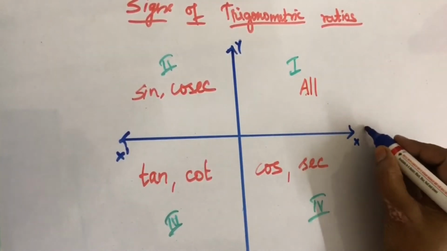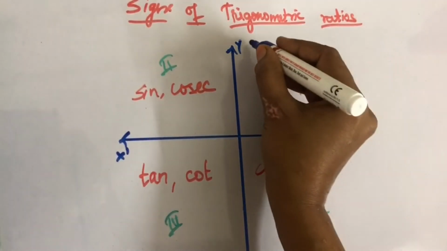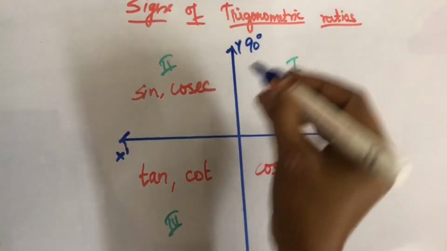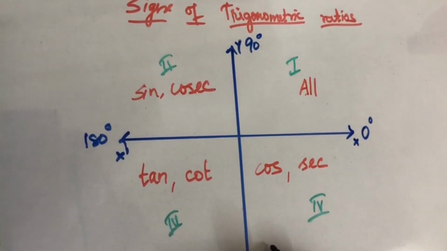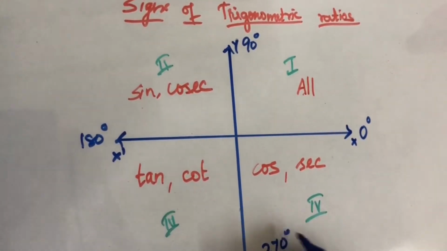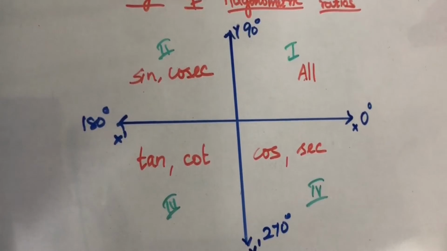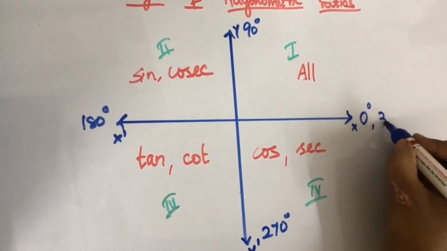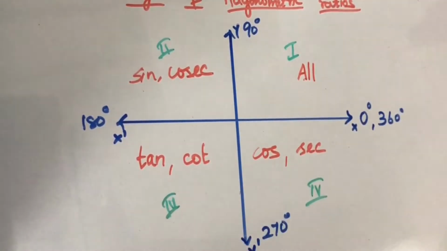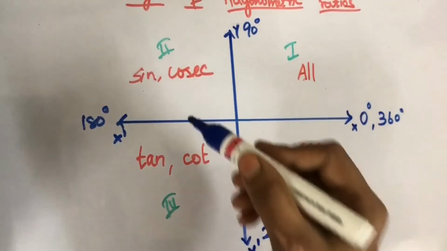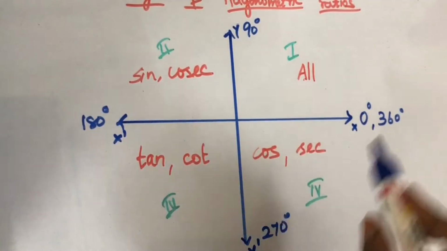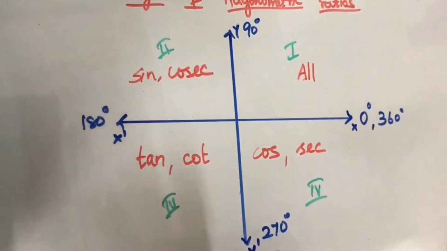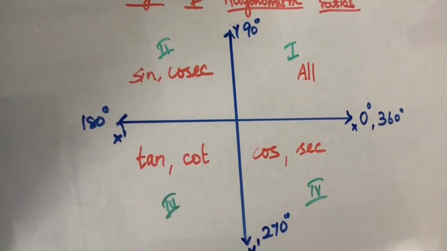Here it is 0 degree, here 90 degree, 180 degree, and 270 degree. Now it is again 360 degree, and it goes on like this. For one full rotation, it takes 360 degree, that is the angle at a point.